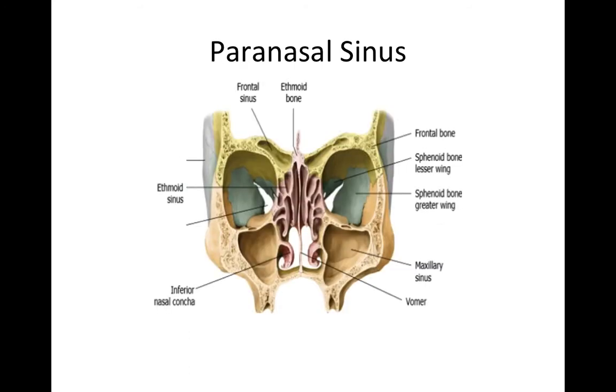I just wanted to quickly point out that the orbit is very close to the paranasal sinuses, and this is very important as well. When we look laterally, you have your frontal bone here, you have your zygomatic bone here that protects the orbit, but medially you can see the paranasal sinuses are separated only by a thin layer of bone.